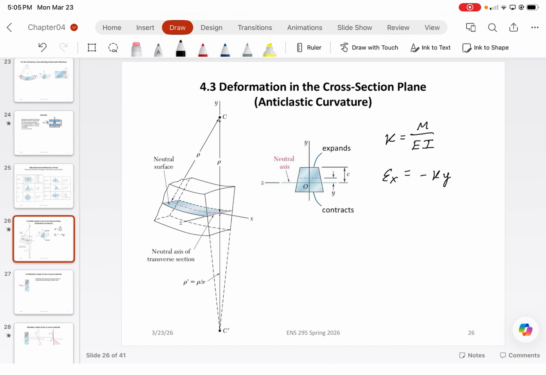So the strain at the neutral axis is obviously going to be 0 because it's not deforming, but the strain at the upper and lower fibers, the top and bottom extreme fibers, is going to be maximum. And then we can calculate the normal stress using the elastic modulus multiplied by the strain in the x direction. Now, what does this mean for sigma y and sigma z?